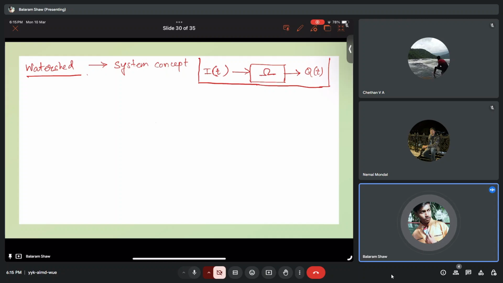So this watershed can be classified into various different types, right? And it can be based on different things. It can be based on the shape, maybe the land use, land cover, maybe the size, length, right? And so on.